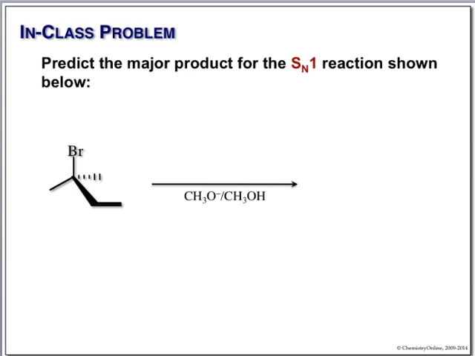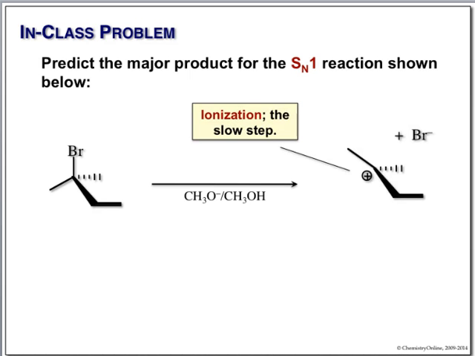We know that this is an SN1 reaction because it says so. Therefore, the slow step is going to be breaking the carbon-bromine bond, and we're going to form the planar carbocation. So the first thing you should do is draw that.